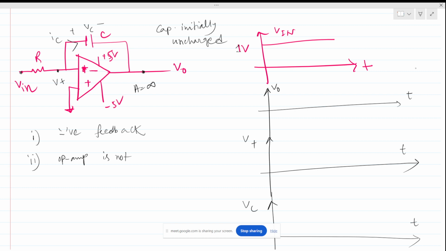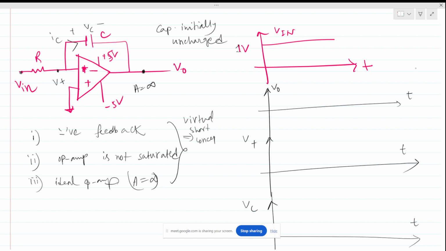We can always assume the V out is 0 initially. And the third thing is whether the op amp is ideal or not. Ideal op amp means the gain is infinite here. So if these three conditions are satisfied, only then can we apply the virtual short concept.